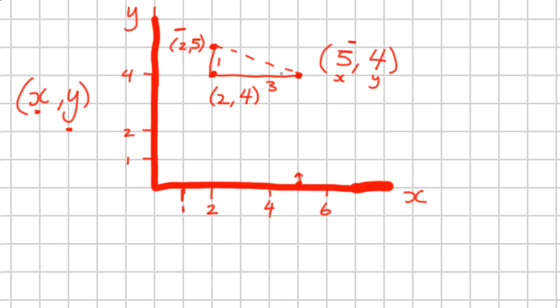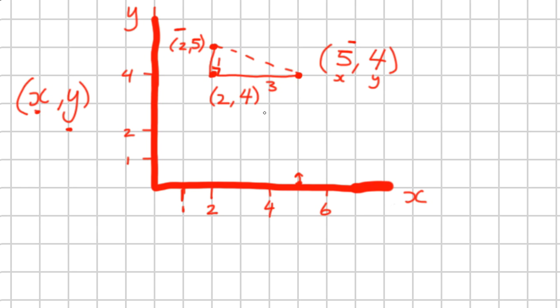So we've drawn a triangle by doing this, and you remember that Pythagoras' theorem gives us an equation that says if I know 2 sides of a right-angled triangle, so this is right-angled, if I know the length of these 2 sides, I can work out the length of this long side here.